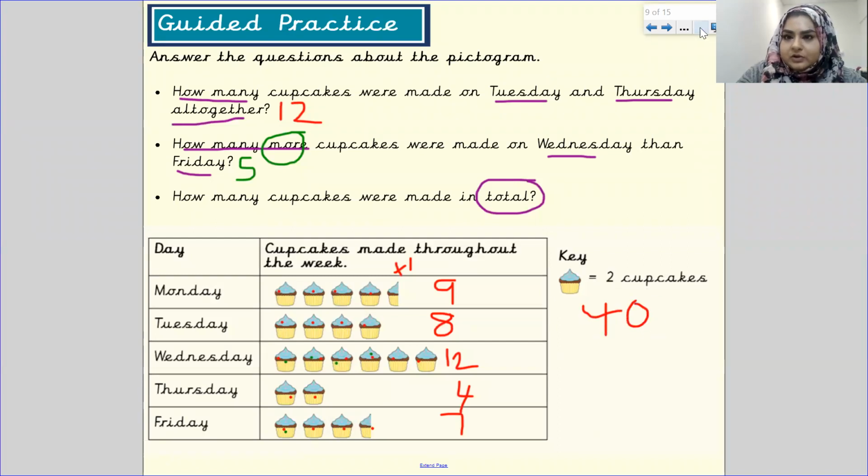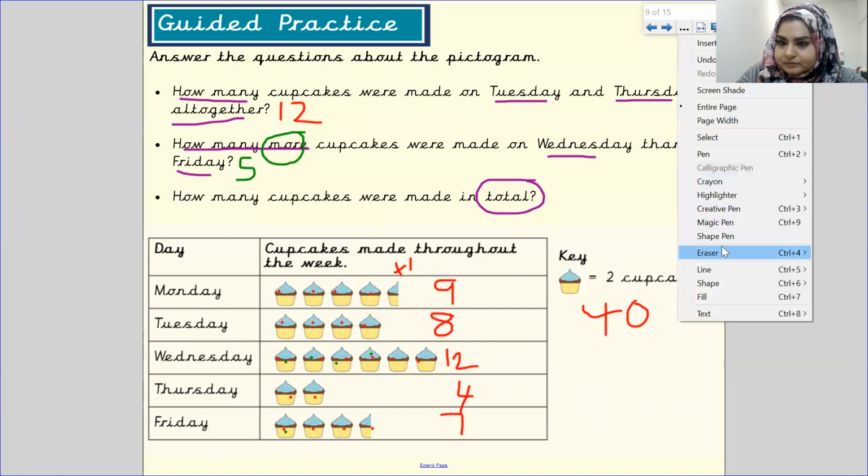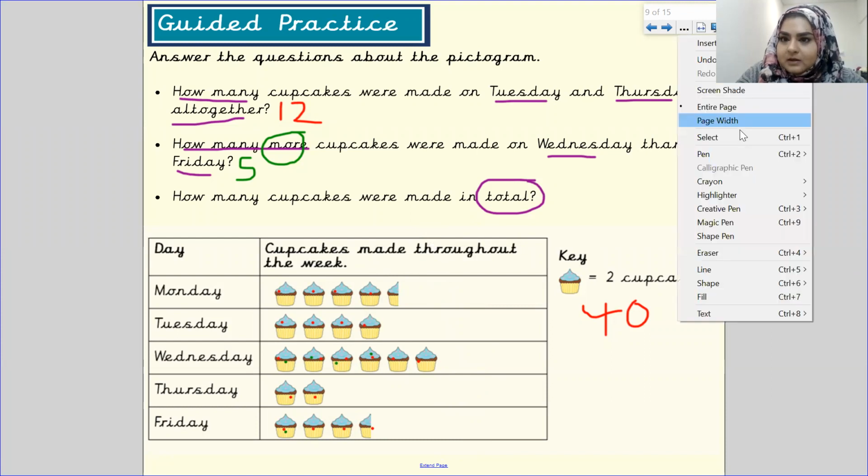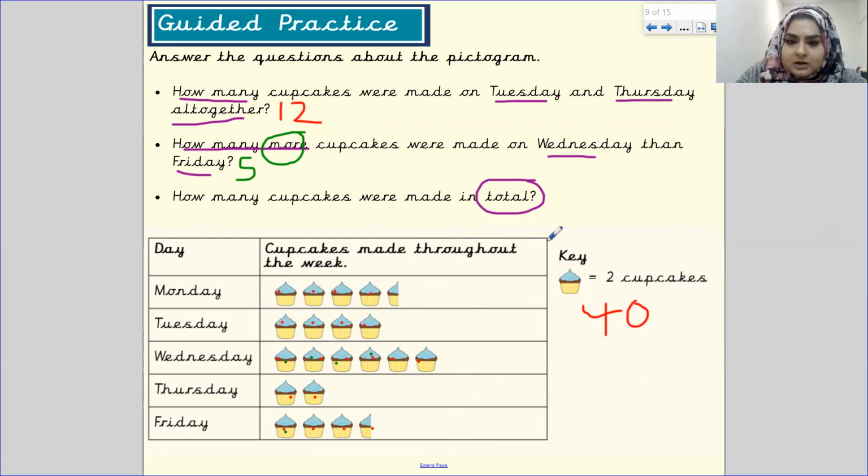And another way we could have done this was transfer this cake onto there. Okay, so then we have a full one there. Now let's add them together.